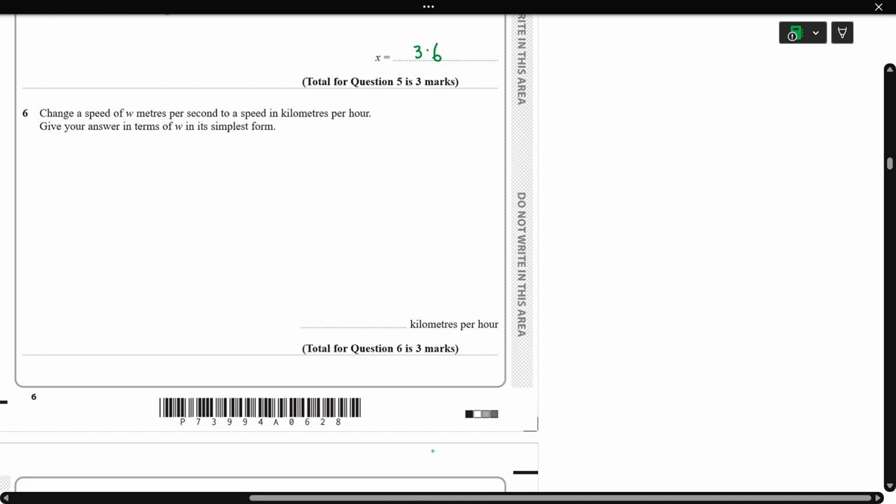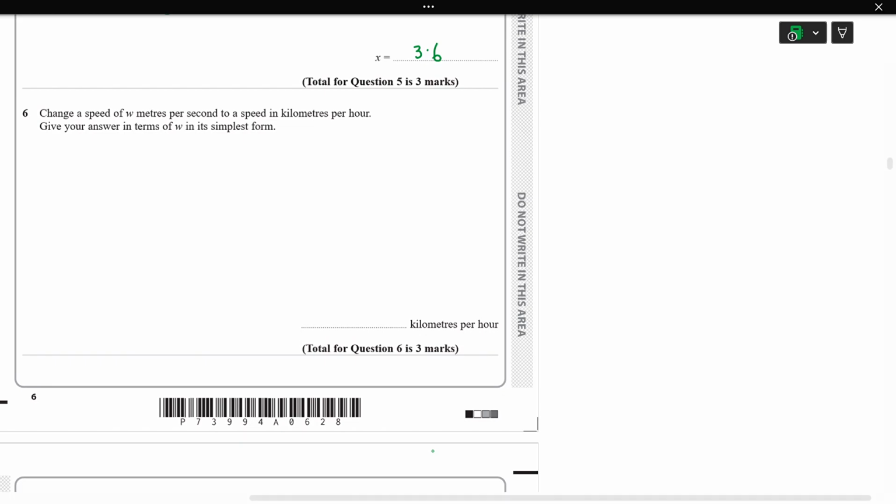The next question: change a speed of w meters per second to a speed in kilometers per hour. Meters per second we need to change into kilometers per hour.